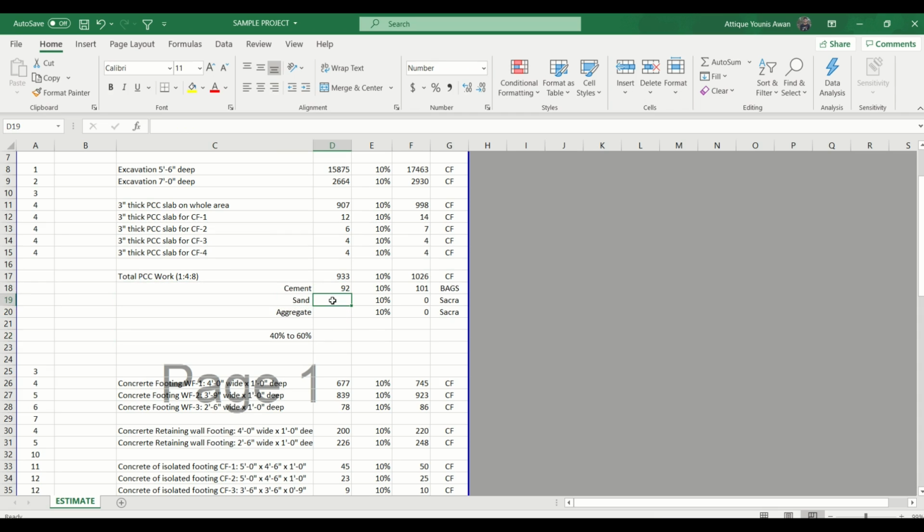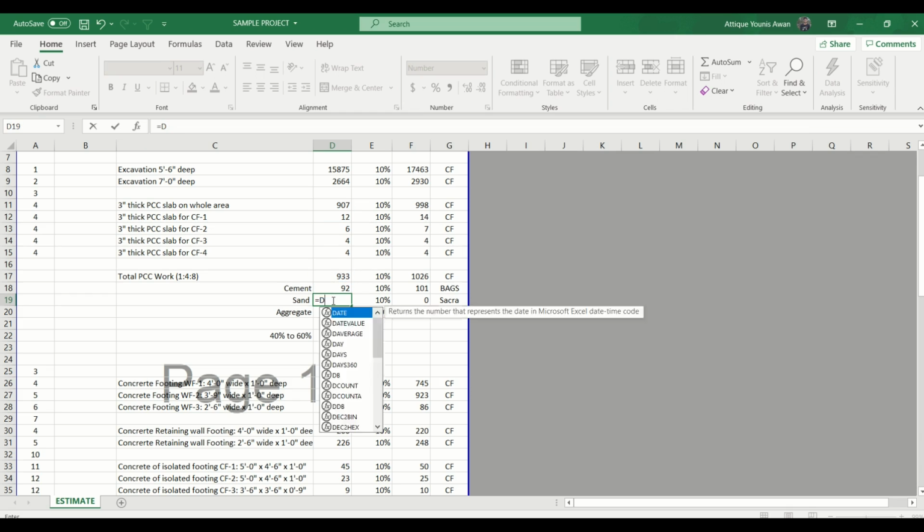So if I repeat the same process for the sand, we will see that first of all we are going to have 60% for the wet mix, and secondly we are going to have the cubic foot of that PCC, and thirdly we are going to multiply the portion in the mix, which is 4, and finally we are going to divide it by the whole number.